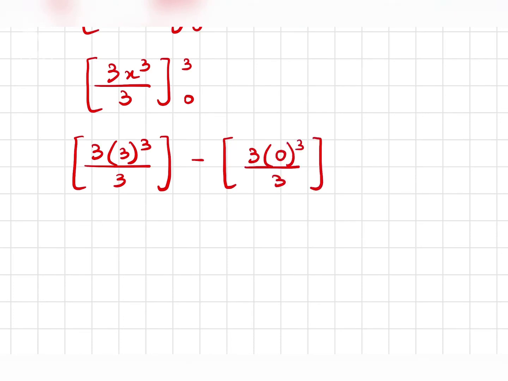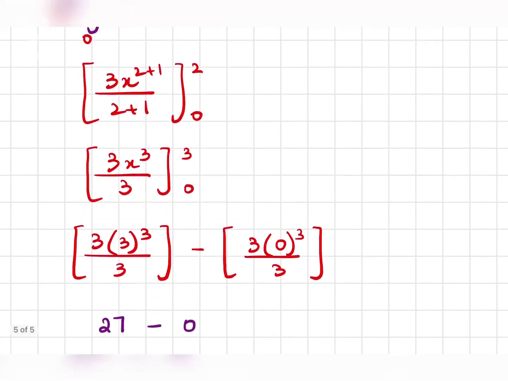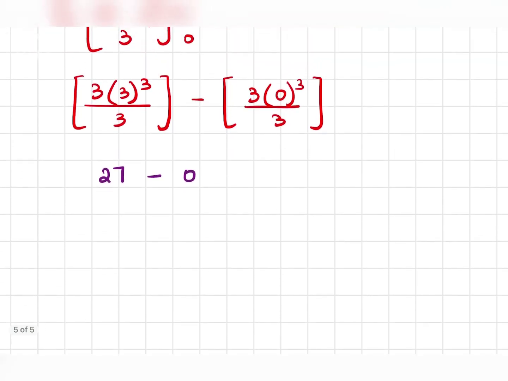So this will give me the answer of 27 minus 0. So 27 minus 0 gives me 27. All right, so this is your final answer.